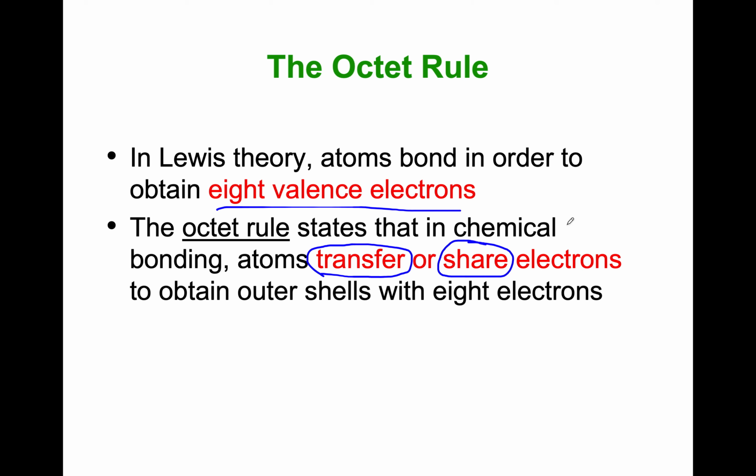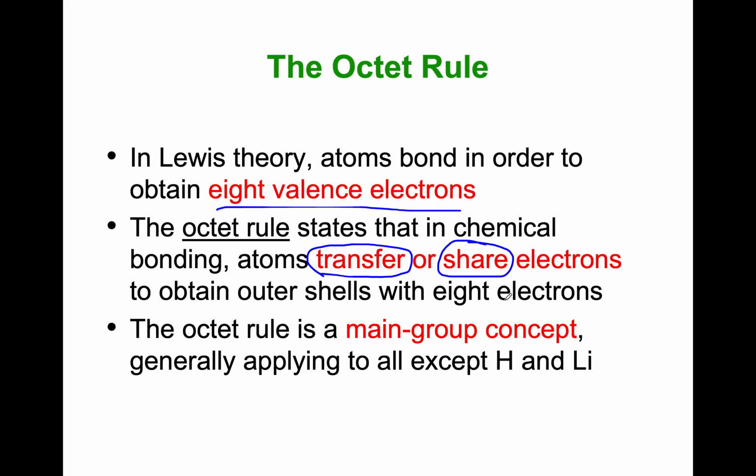Okay, so it depends on the situation, but these are things that can happen. And this is really good for the main group. Okay, so remember, main group is the S block and the P block. That's how we're using this to explain these bonds, these compounds, and of course hydrogen, lithium. Like I said, there's some exceptions to this octet rule. Those are the duet, that's helium, and so on.